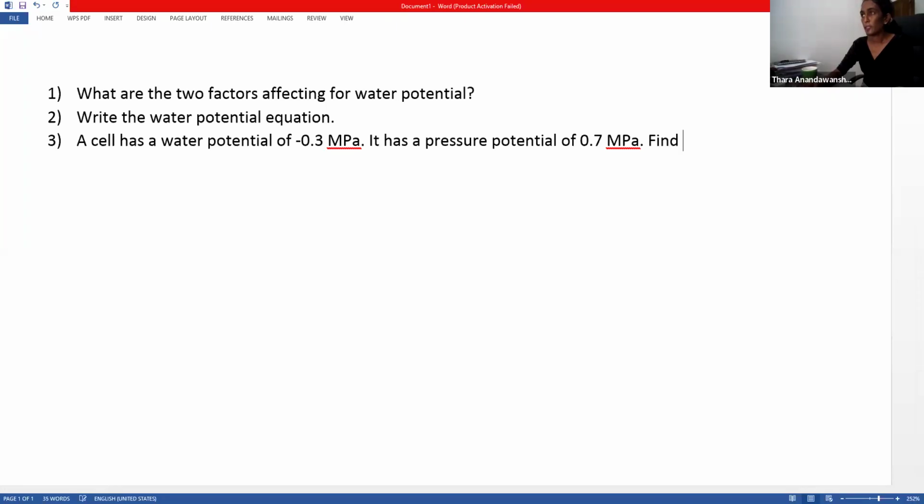Find the solute potential of the given cell. Do these three questions quickly, all of you.